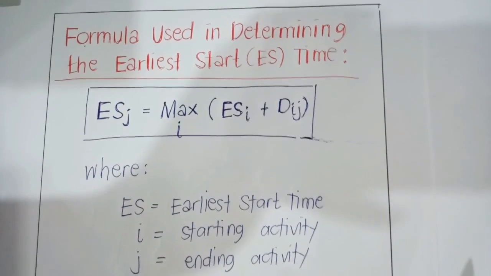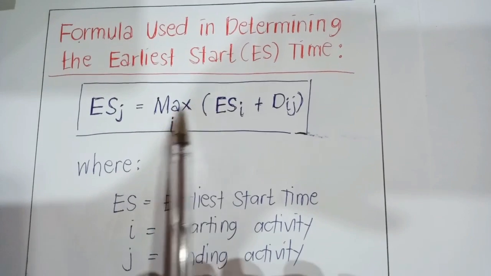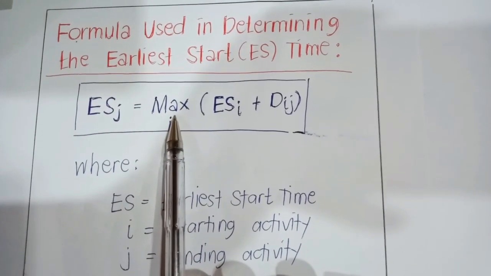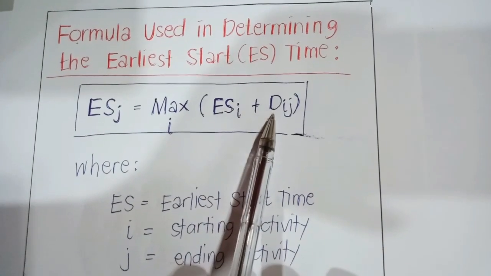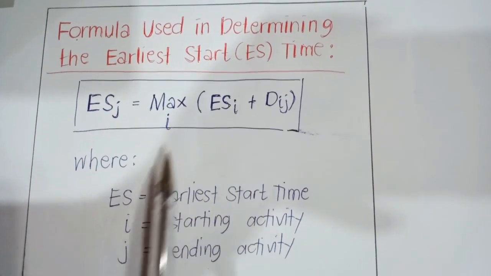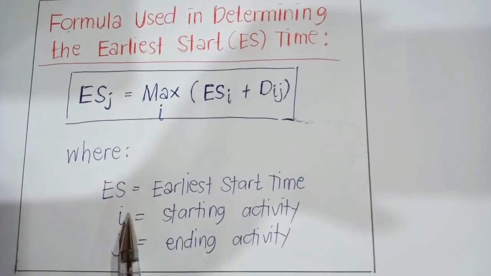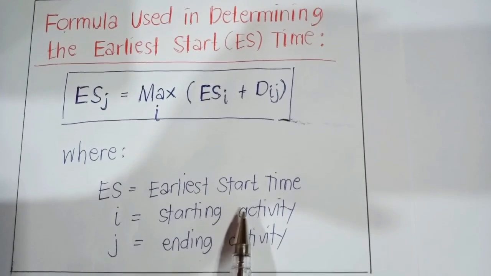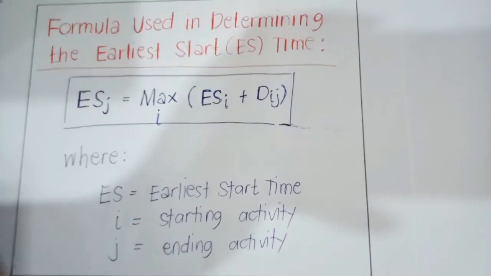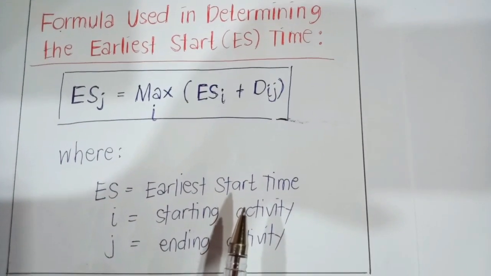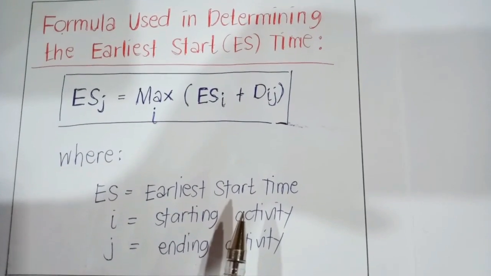Our formula is: earliest start time of the ending activity equals the maximum of the earliest start time of the starting activity plus the duration, where ES refers to our earliest start time, I refers to our starting activity, and J refers to our ending activity. I'm going to show you how this formula is applied in our problem.